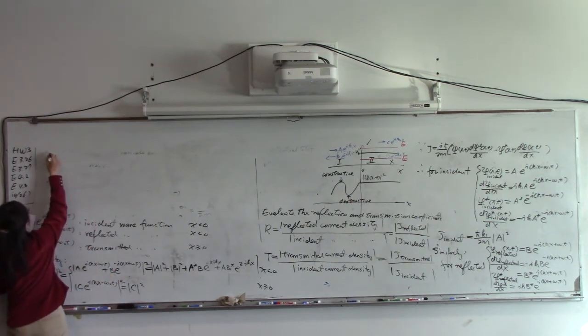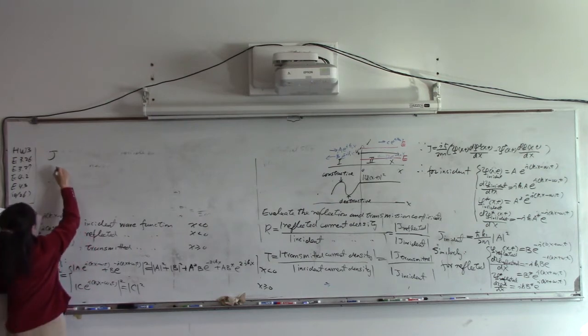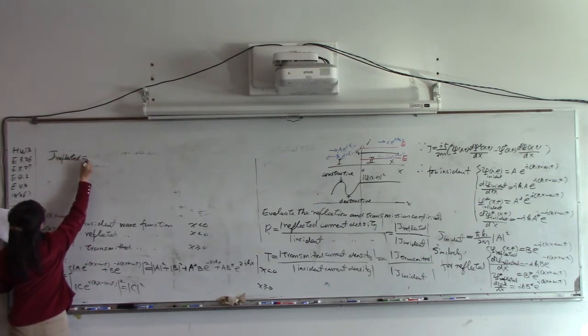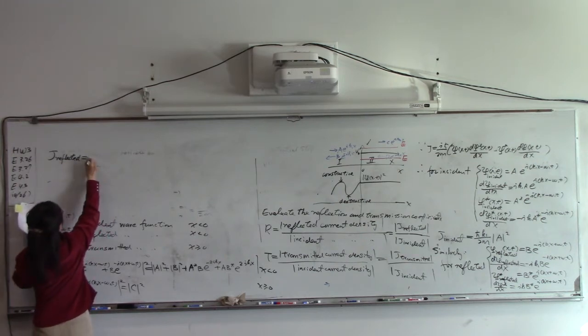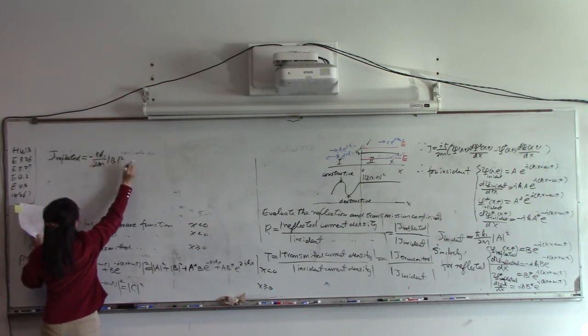Then let me give you the final result of this current density for the reflected wave: J_reflected is equal to minus h bar k1 over 2m times B squared.